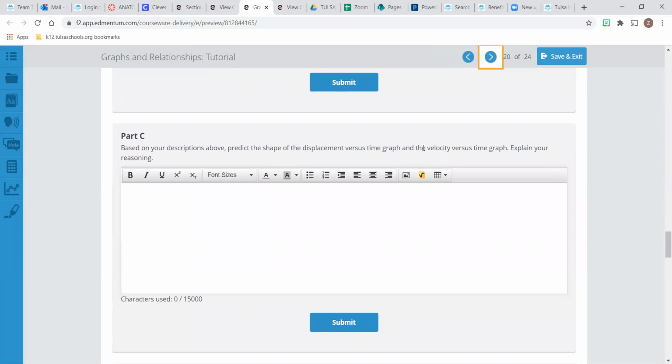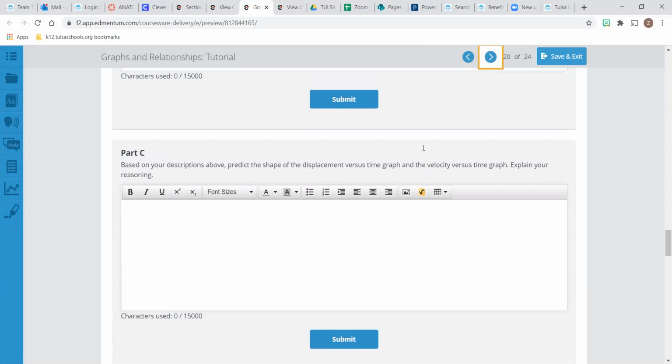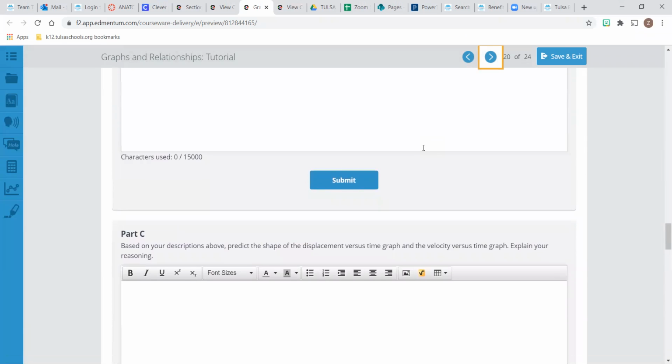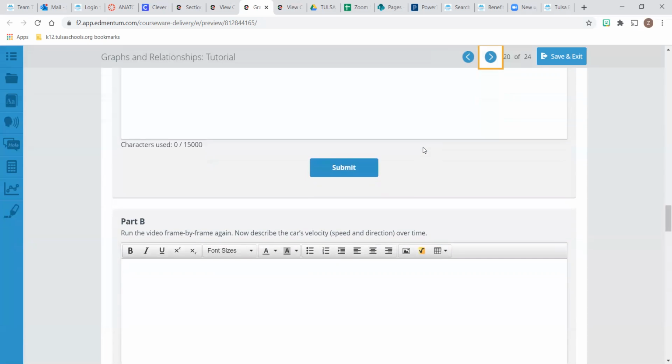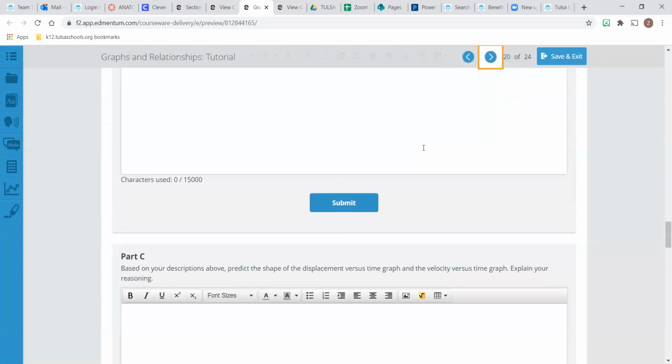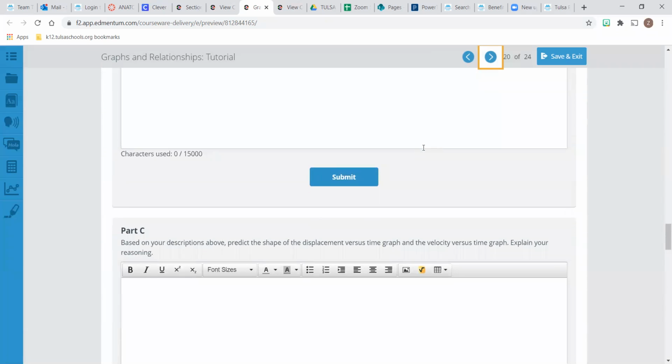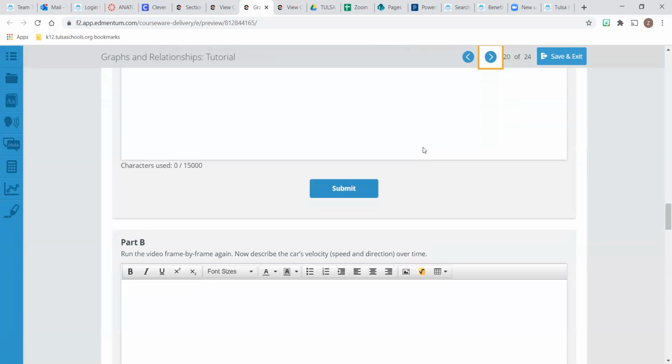And now you want to predict the shape of the displacement versus time and velocity versus time. And think about why you think it would have a certain shape based on what you already know about velocity, the displacement and velocity.